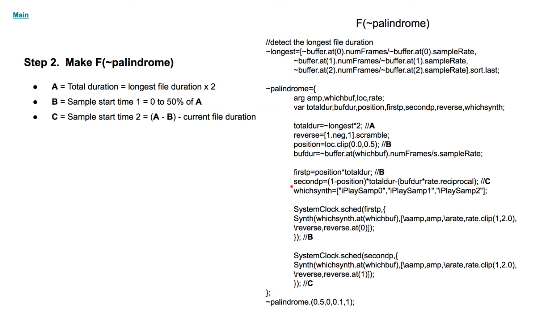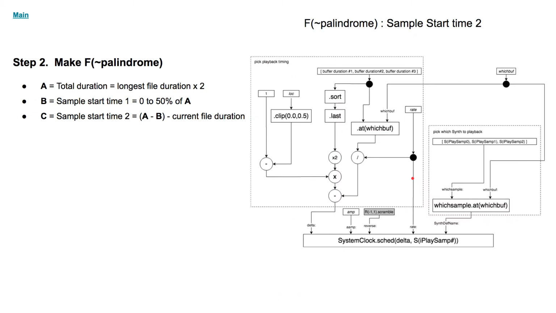And second P is basically 1 minus the position times total duration, minus the current file duration, which is calculated by buff-dur, which is this one, times the reciprocal of rate, or divided by rate, same as in our equation in the diagram.